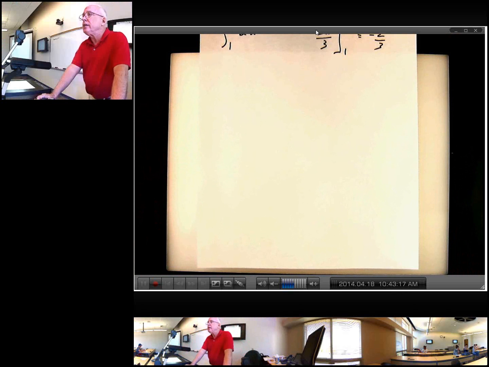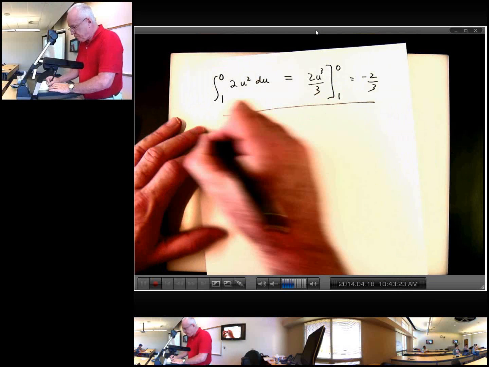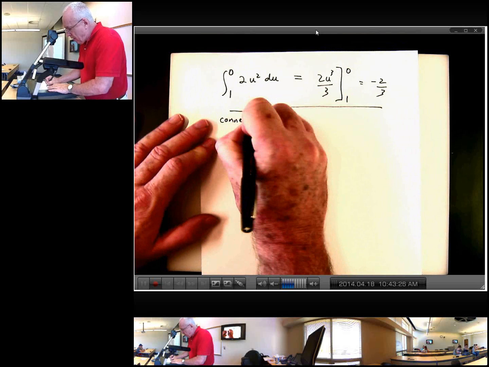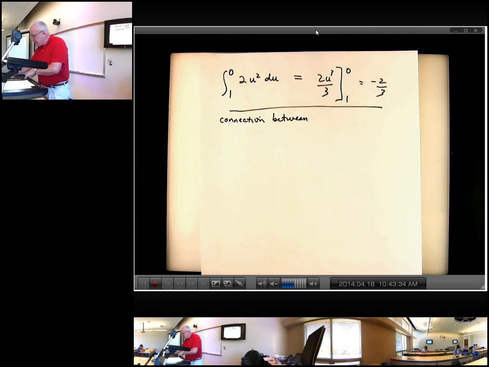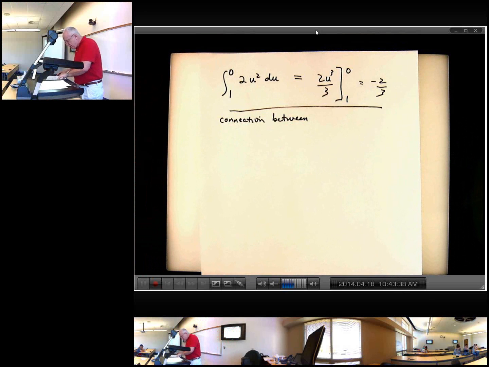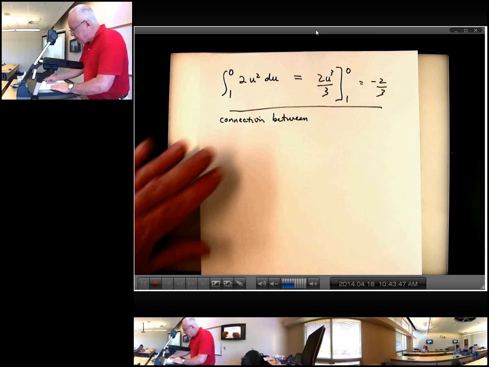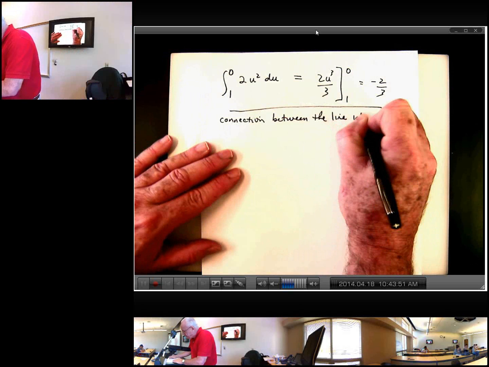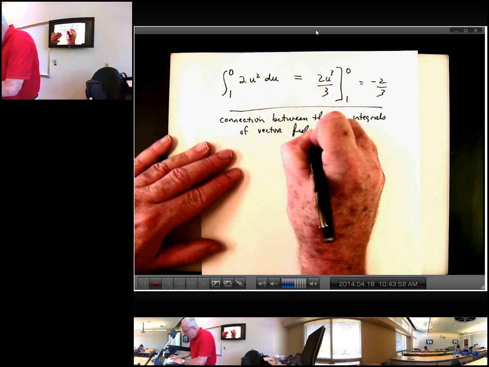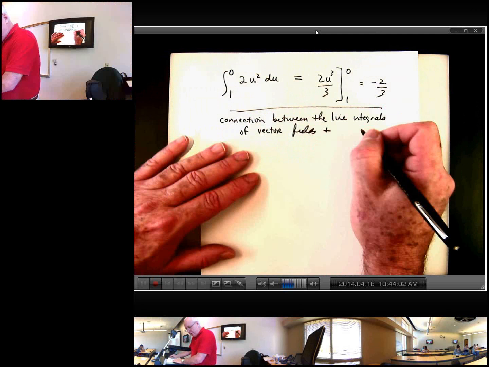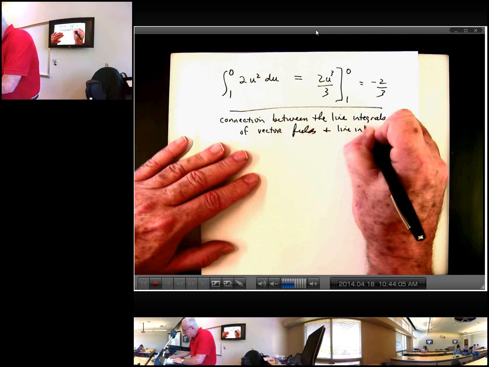The very last thing in this section, then we'll take a break, is that there is a connection between the line integrals of vector fields and, well, let's just call this, the line integrals of scalar fields.